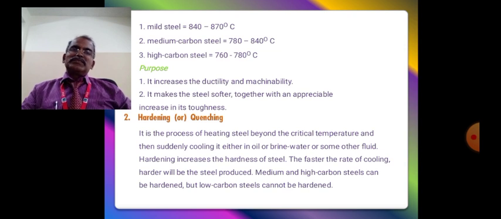The temperature range for high temperature annealing is: mild steel 840 to 870 degrees centigrade, medium carbon steel 780 to 840 degrees centigrade, high carbon steel 760 to 780 degrees centigrade. The purpose is to increase the ductility and machinability, and it makes the steel softer together with an appreciable increase in its toughness.